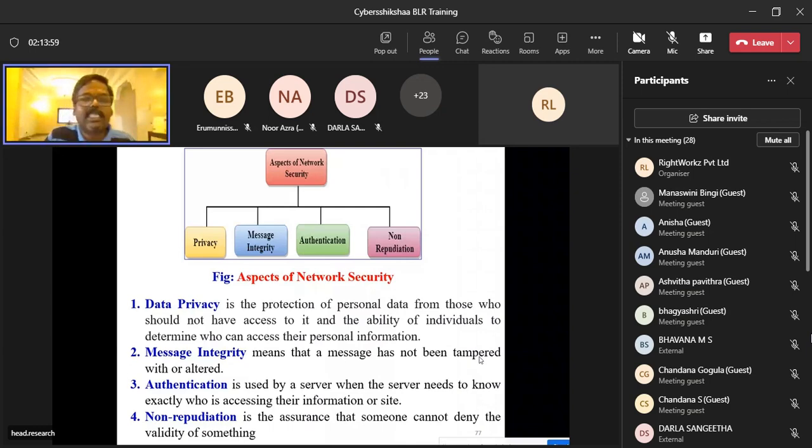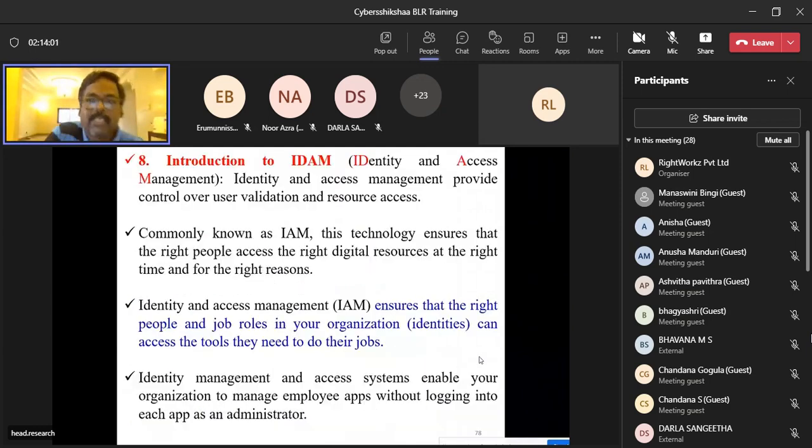Then the eighth one is introduction to IDAM, meaning identity and access management. How we identify users and manage access provides control over user validation and resource access. Commonly known as IAM, it is a technology that ensures the right people access the right digital resources at the right time and for the right reasons.